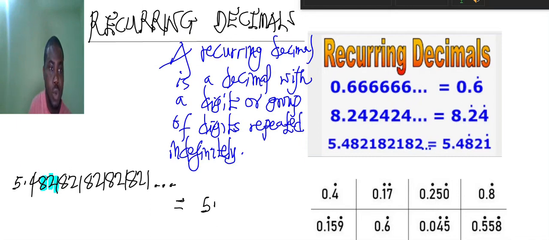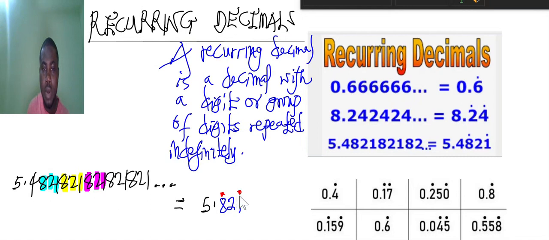We see it there, 821. Notice it here too, 821. Instead of placing a dot on all 3 digits, we just show that the first recurrence occurs at 8 and the last one occurs at 1. So that means the recurring digits are 821.